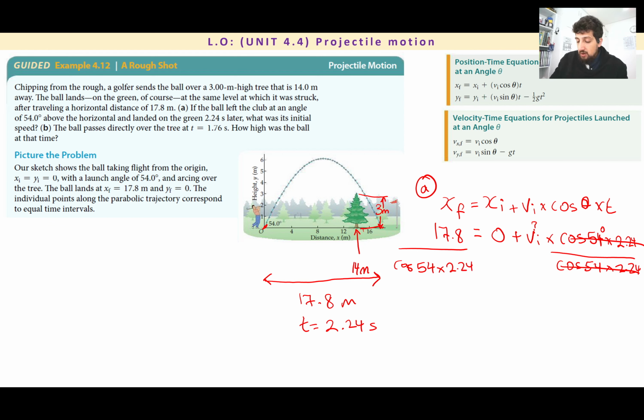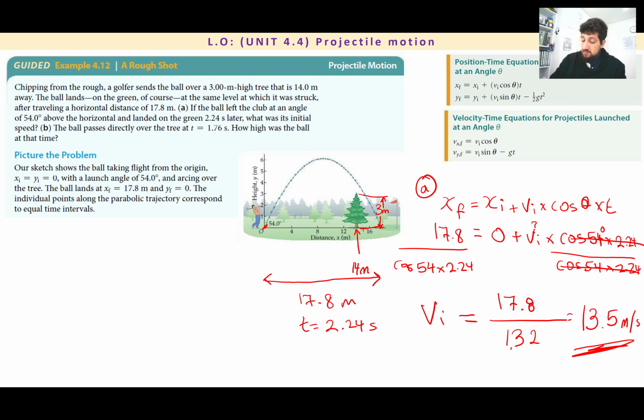What do we have now? So now we have Vi equals 17.8 divided by cos 54 multiplied by 2.24 seconds. That is 17.8 divided by the answer, 1.32, which equals 13.5 meters per second.